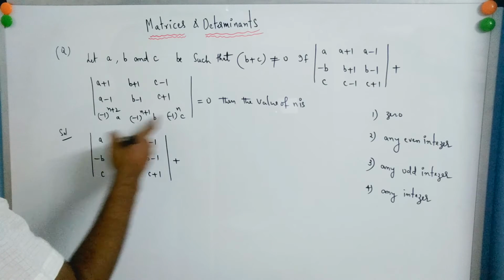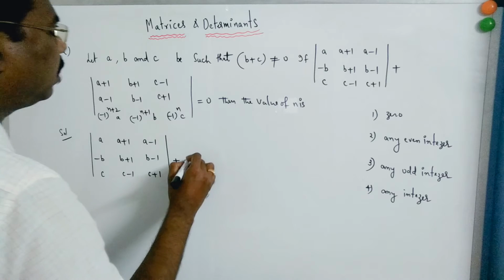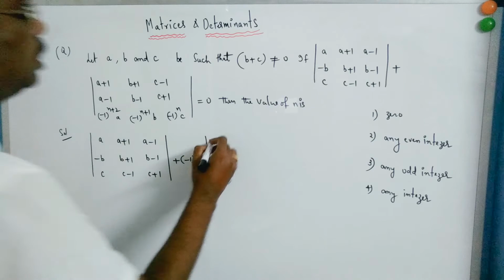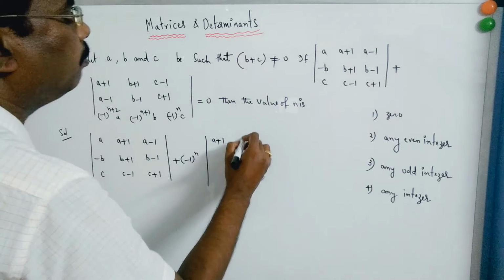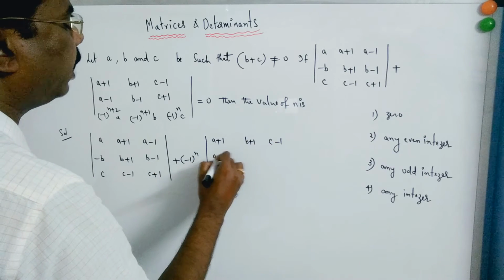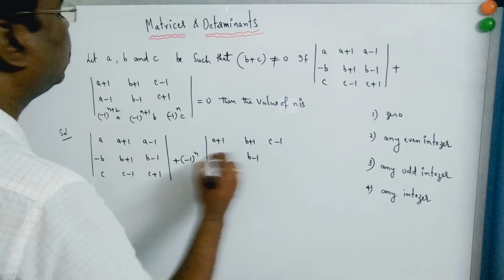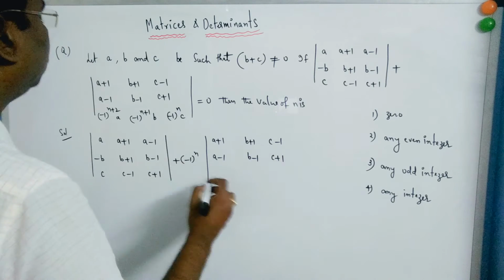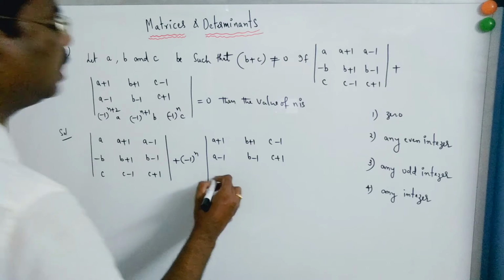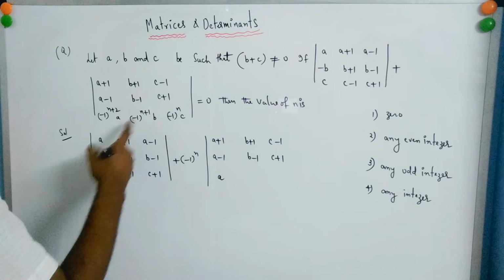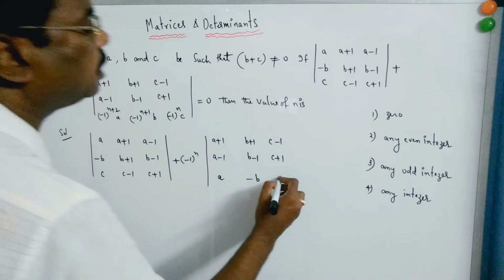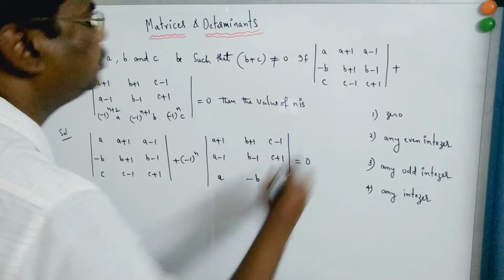Now minus 1 whole power n is common from R3. Now R1 as it is: A plus 1, B plus 1, C minus 1. Now A minus 1, B minus 1, C plus 1. Now minus 1 power n, minus 1 whole square, now here plus A. Now here minus 1 power n, minus 1 power 1 means minus B and C is equal to 0.